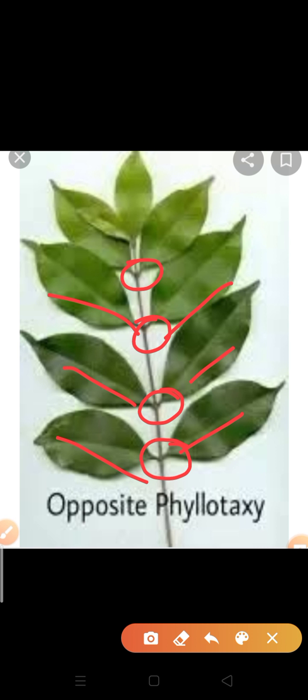So this pattern of leaf is known as opposite. Examples are guava, ocimum, which is called tulsi, and calotropis. These are examples of plants showing opposite type of phyllotaxy.